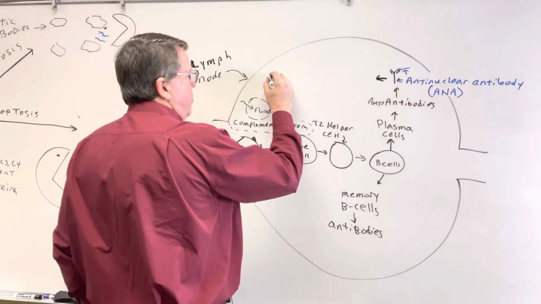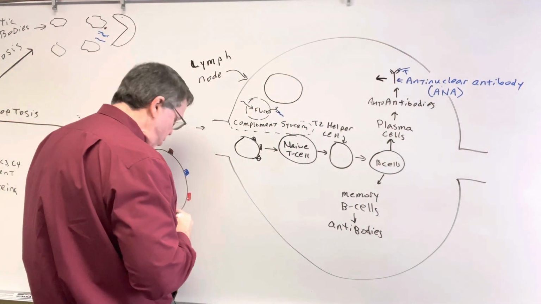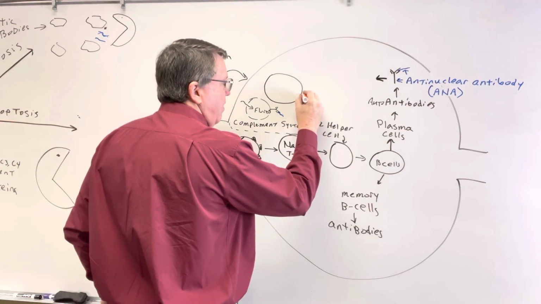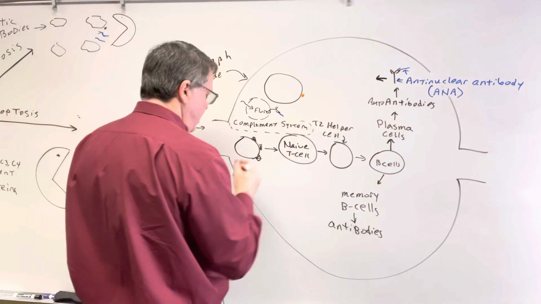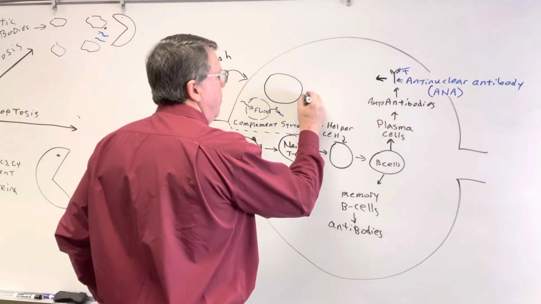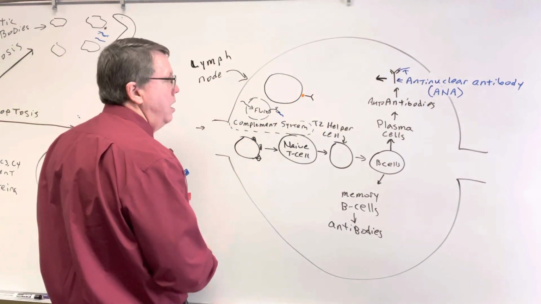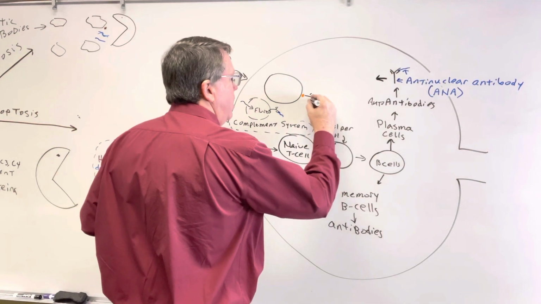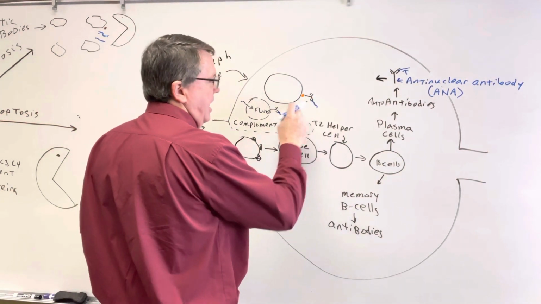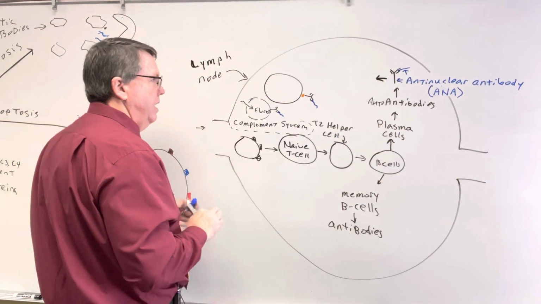The other thing this can do too is on some cells, you can have proteins that are on the outside. So let's say this is a protein on the outside of this cell, on the cell membrane, and now this can attach to this also, right? Now, these proteins on the cell membrane can be on several different things.